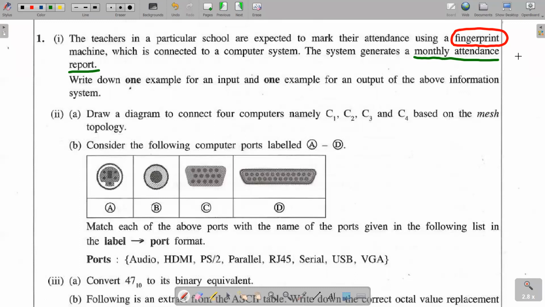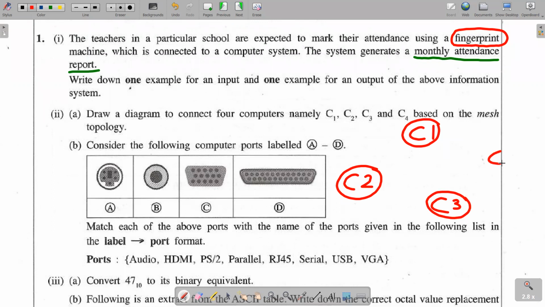Okay, question number 2. Draw a diagram to connect 4 computers named C1, C2, C3, and C4 based on the mesh topology. If you are asked to connect 4 computers using mesh topology, then you are going to show your computers. You can either use a circle, or a square or a rectangle, it doesn't matter.